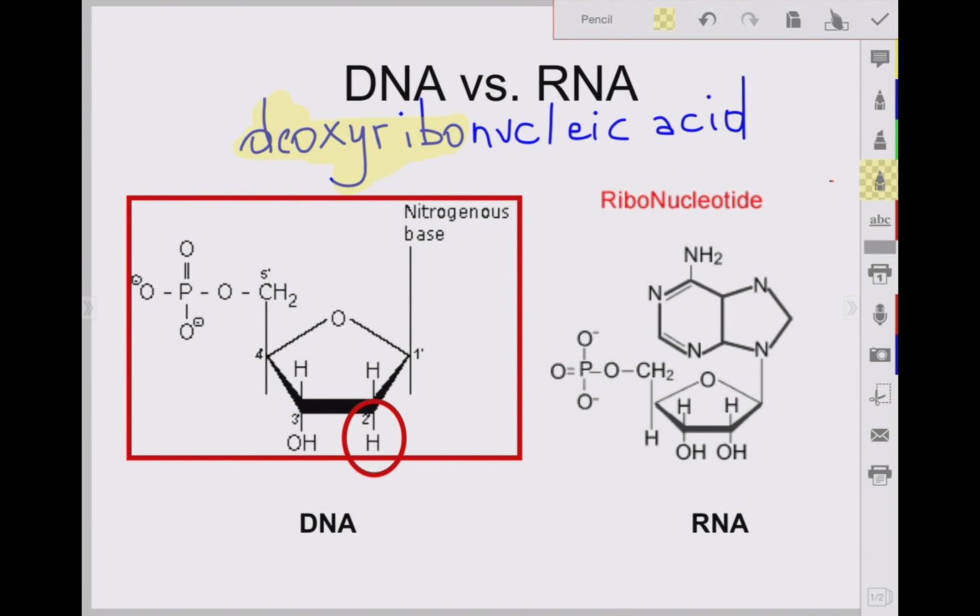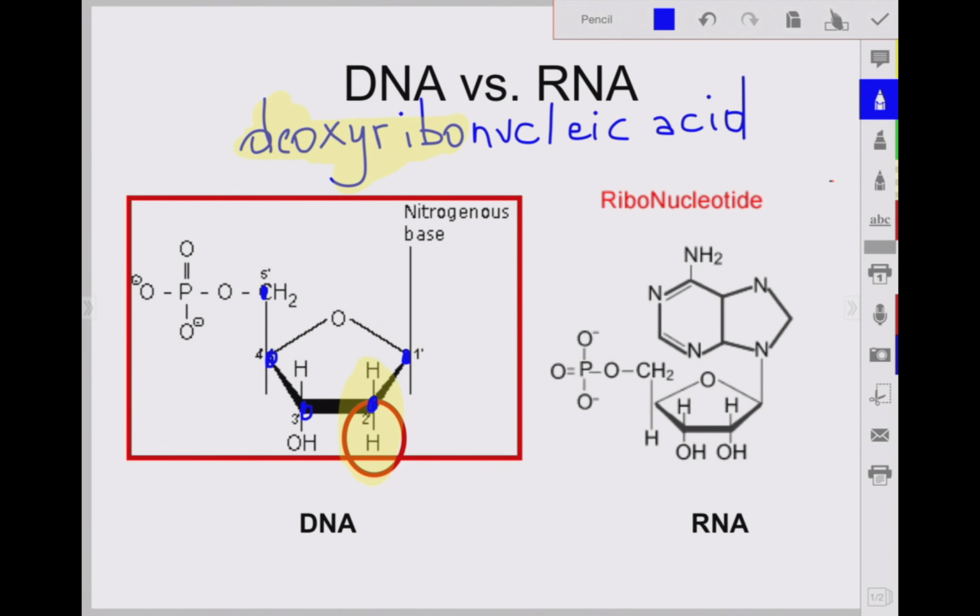If you look at the five-sided sugar that forms, of course, part of the structure of the edges of the ladder, and you look here at the second carbon, now remember, this is the first carbon here, second, third, fourth, and there's your fifth carbon up here, which actually leads over to your phosphate group.